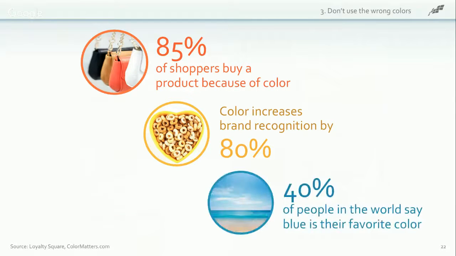So it's not an accident that major social networks like Facebook and Twitter and LinkedIn have blue as their primary color, and that's primarily because about 40% of the people in the world say blue is their favorite color, and that's really worldwide. Favorite colors vary by gender, by age, by region, by culture.